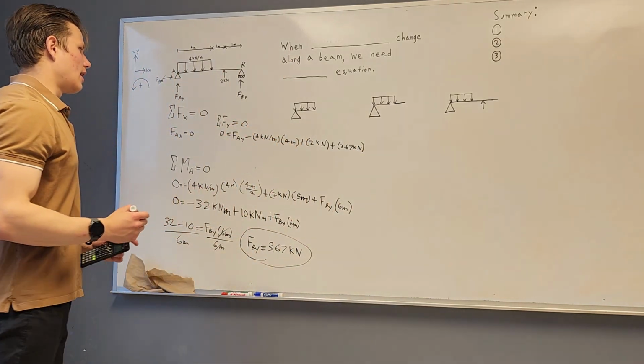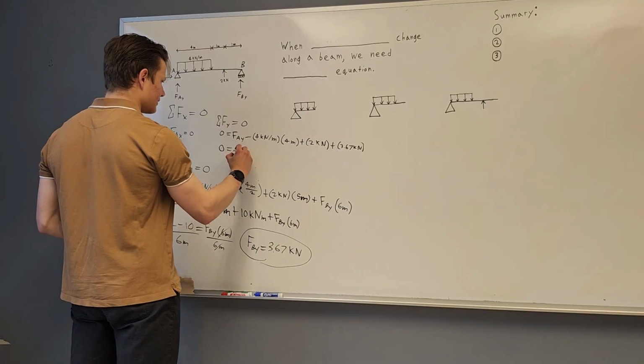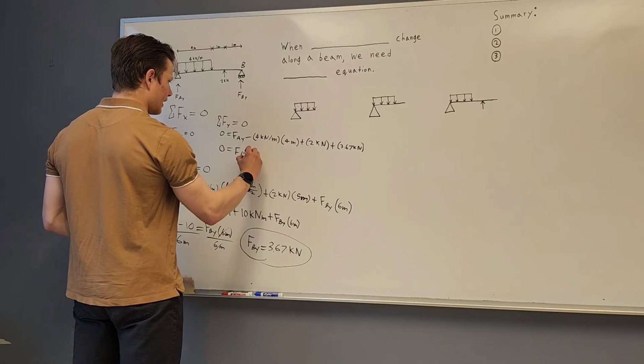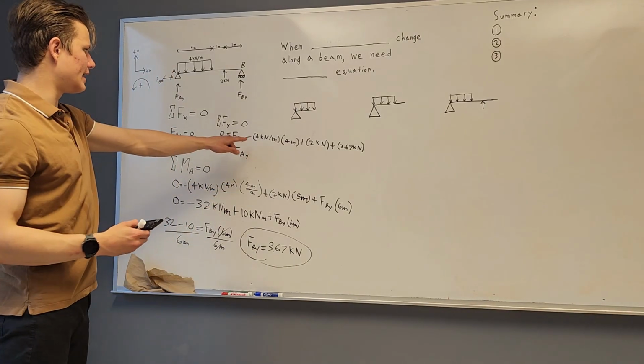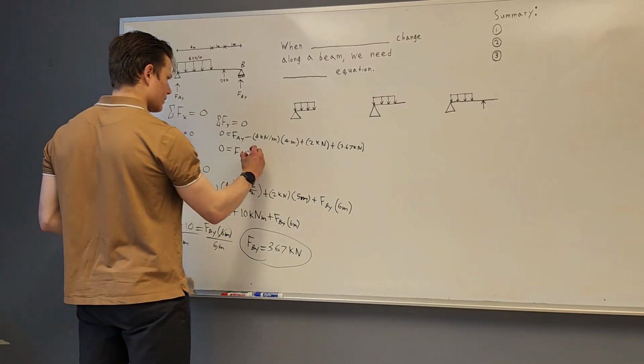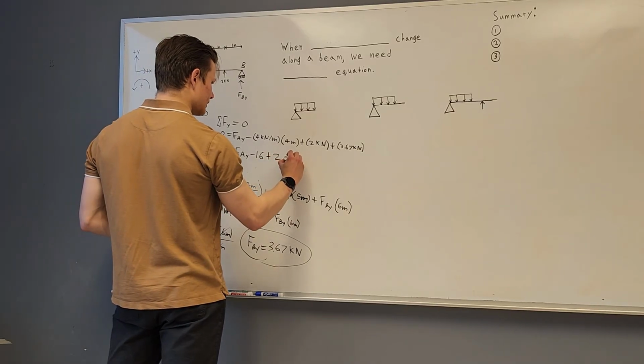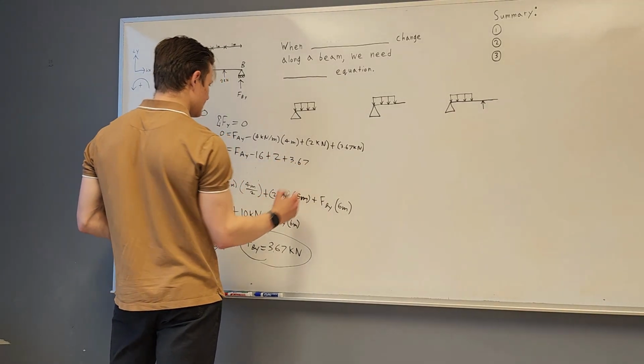Okay, and let's simplify this. 0 equals FAY. Negative 4 times 4 is negative 16. Negative 16 plus 2 plus 3.67.